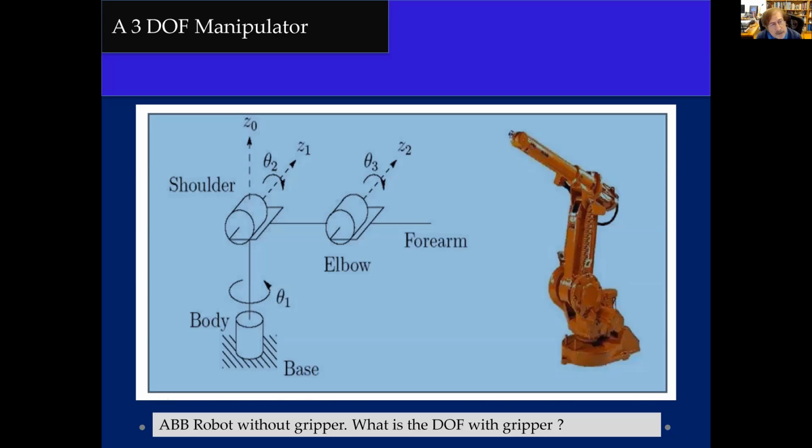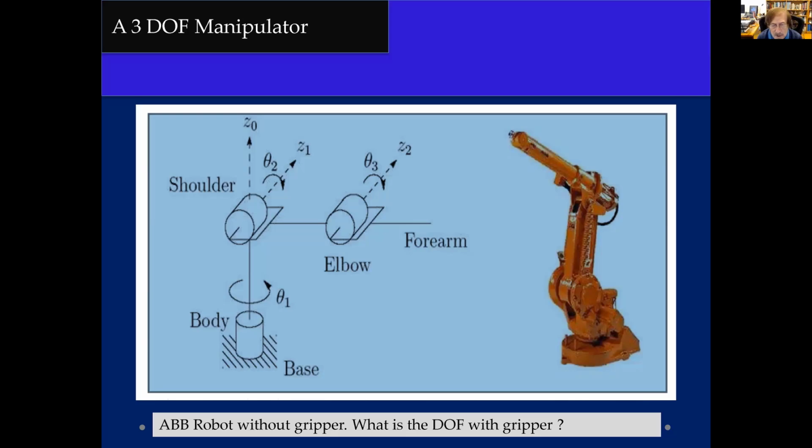So here there is a 3 degrees of freedom manipulator, or manipulator is a particular type of robot which looks like a human arm. And when we classified the robots, we mentioned some robots which look like human arms. For instance, articulated robots were these.